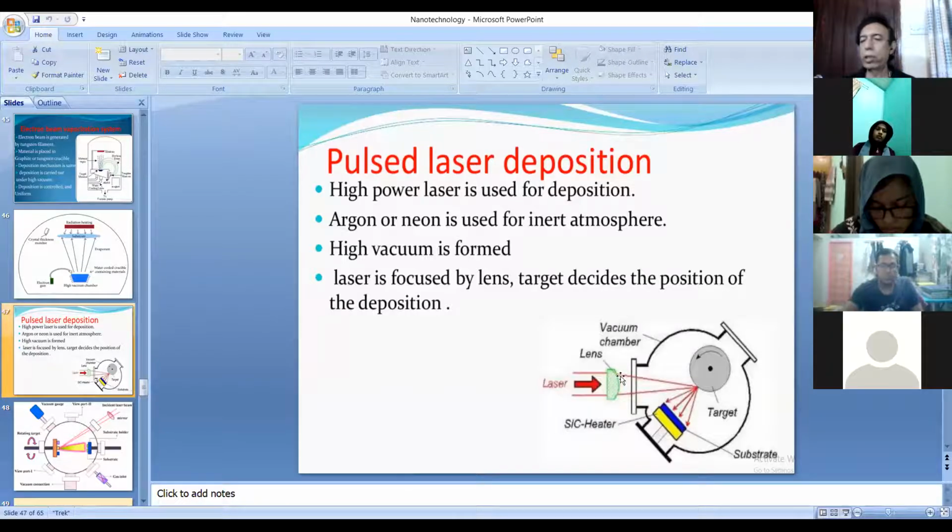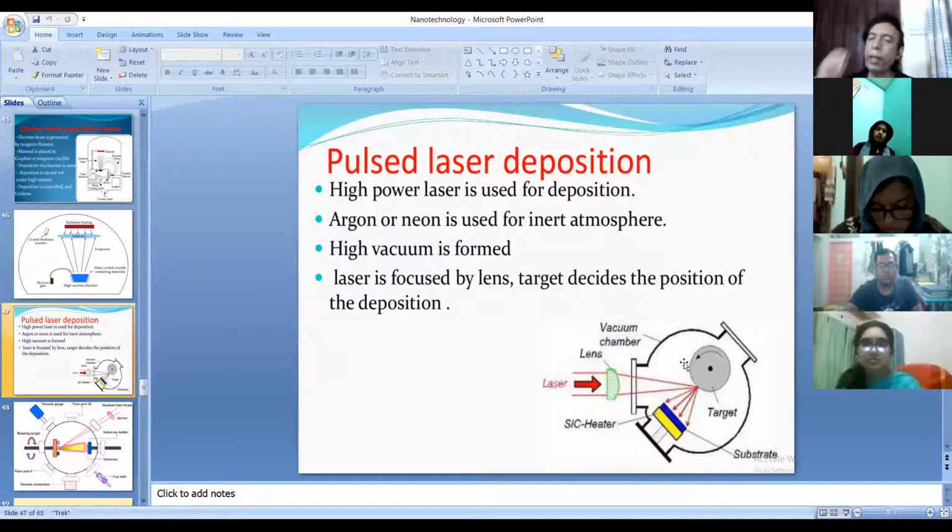This high strength laser will ionize the vaporized aluminum atoms to form a plasma. This plasma will go to the substrate, and it will form a thin film here.